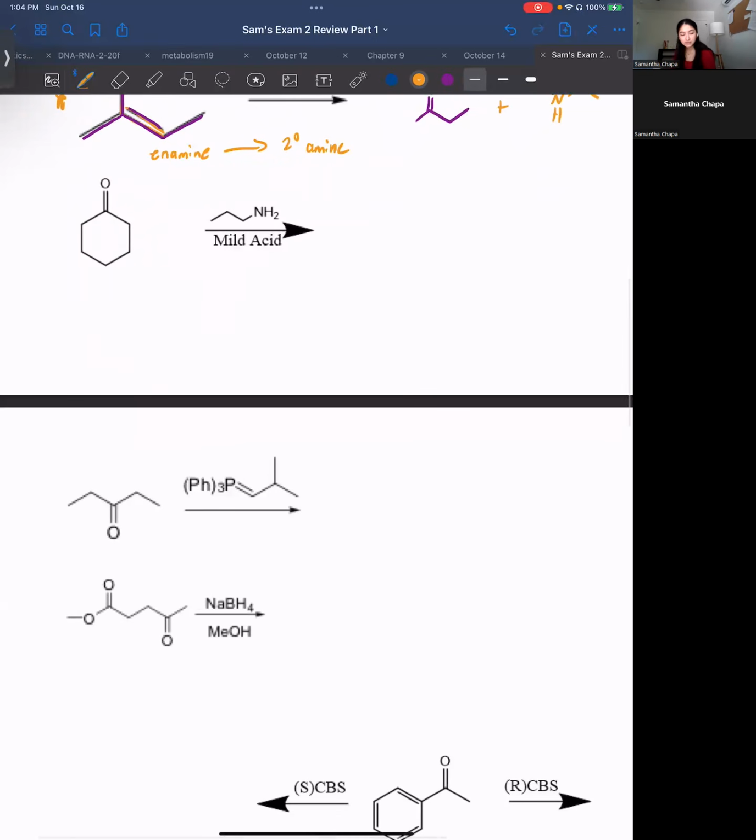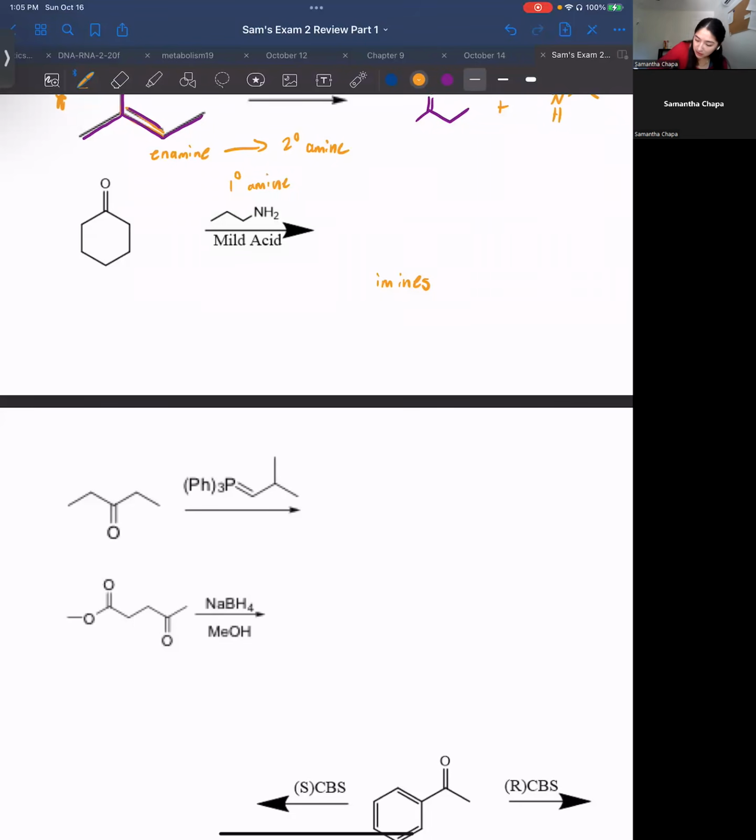Okay. This next one, we have a ketone, we have a primary amine, and we know that primary amines make imines, right? Okay, so let's see what I can do.